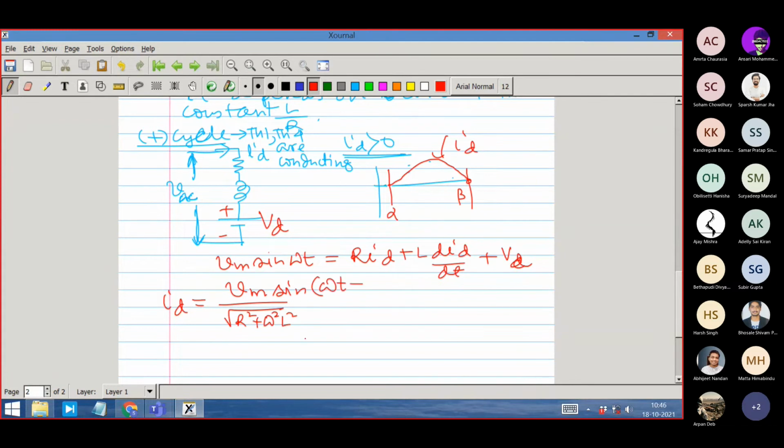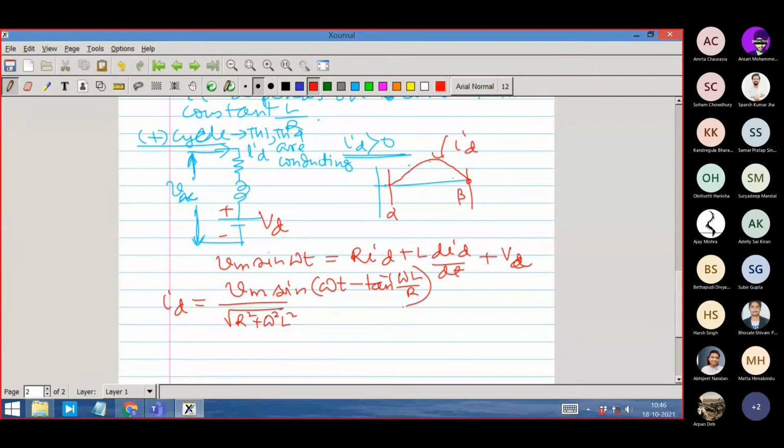Phase shift is tan inverse omega L by R. This is the first part. First take the steady state solution. Take each source independently, ignore the other source. The other source was a DC source that I have ignored. So simply due to this AC source, this is the current component.